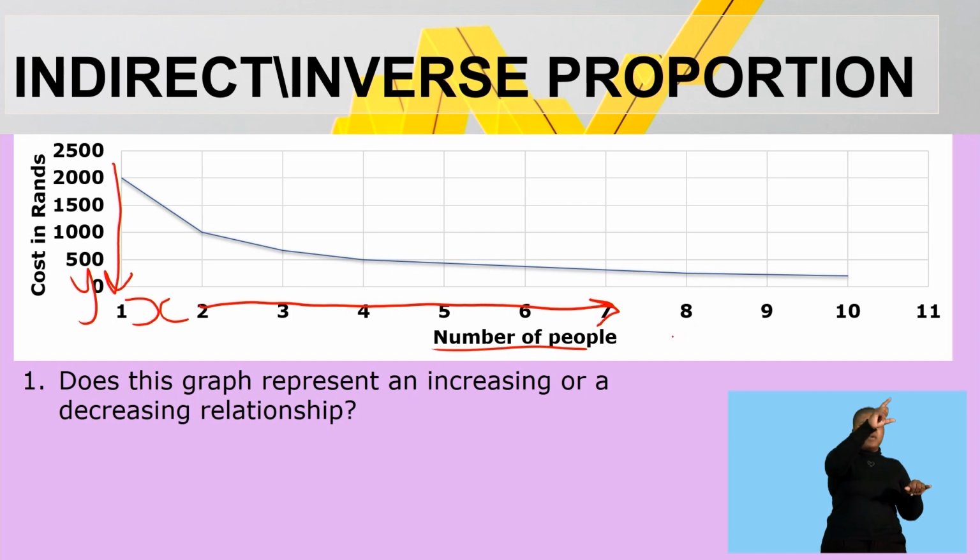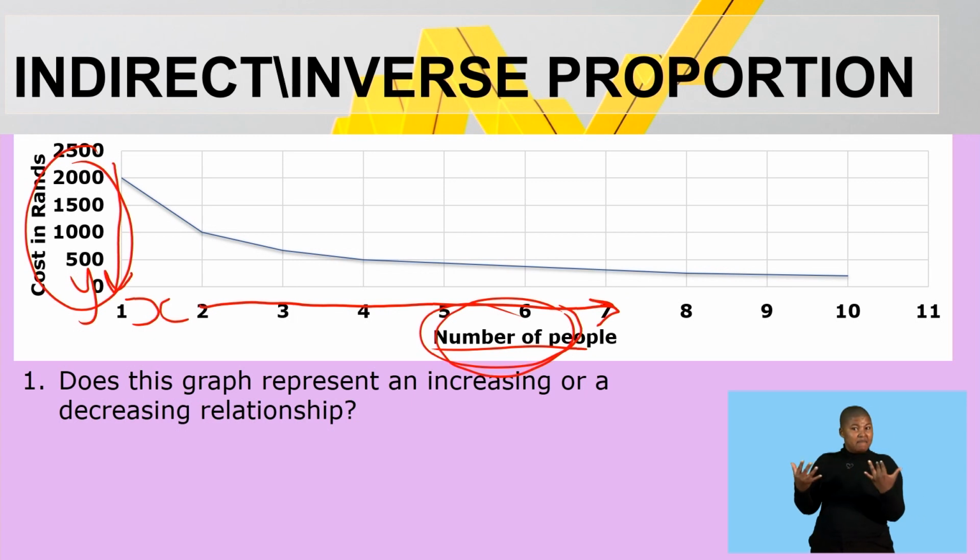And for the more people, the cheaper the price. So therefore, it is going to be a decreasing relationship.